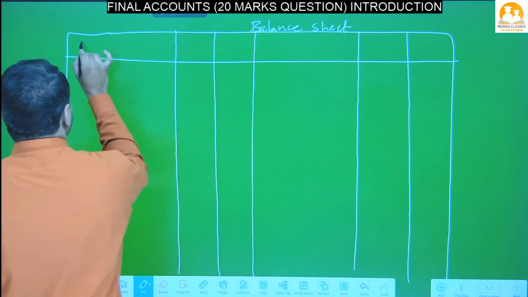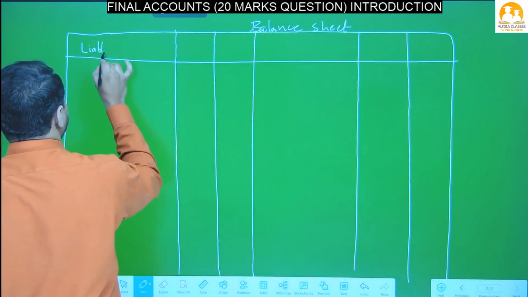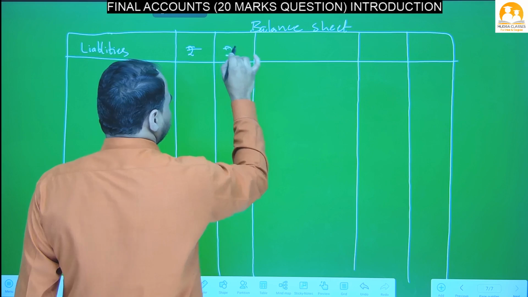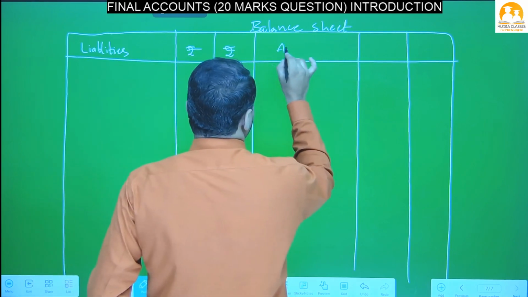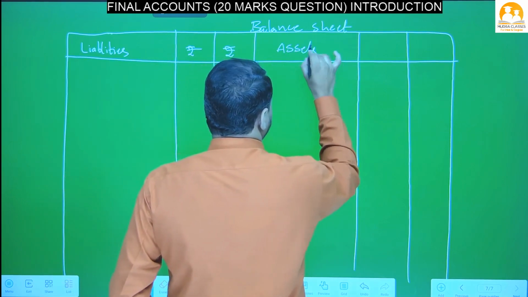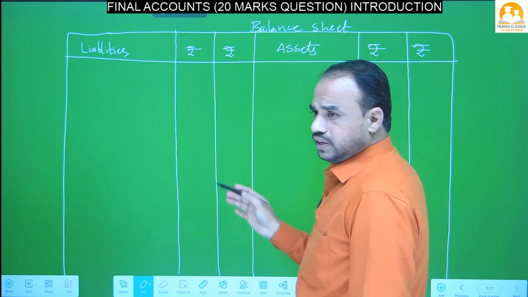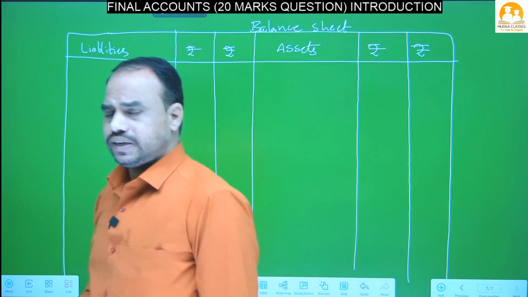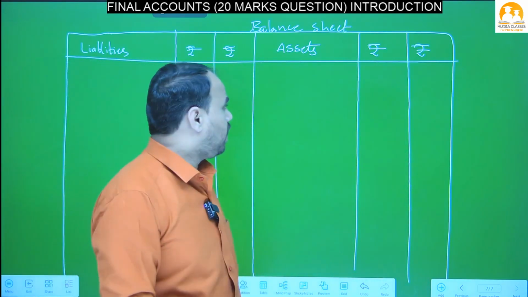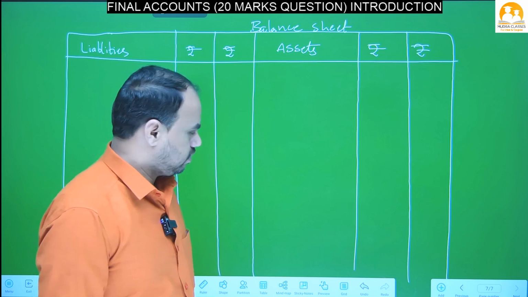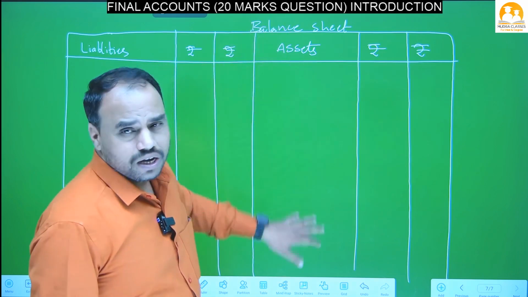We will write liabilities and assets. The left side is called liabilities and the right side is called assets. Okay, so what are the assets we know?